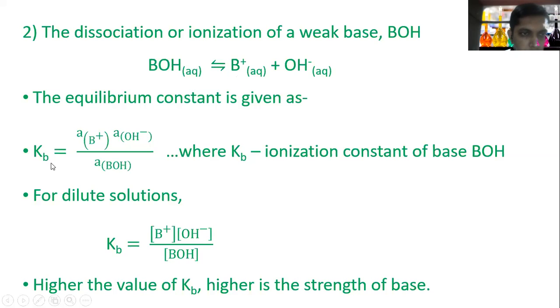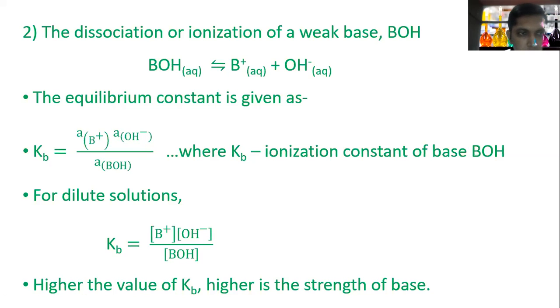So Kb is the ratio of the multiplication of activity of products. Products are the ions B plus and OH minus. So here we are multiplying activity of B plus with activity of OH minus, and we are dividing this with the activity of the base, that is BOH.